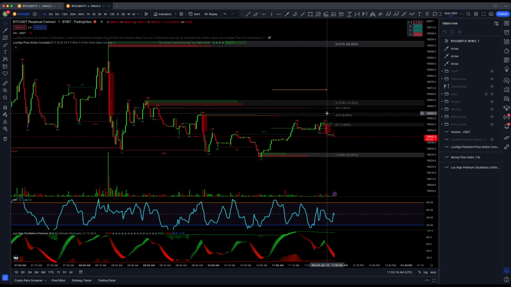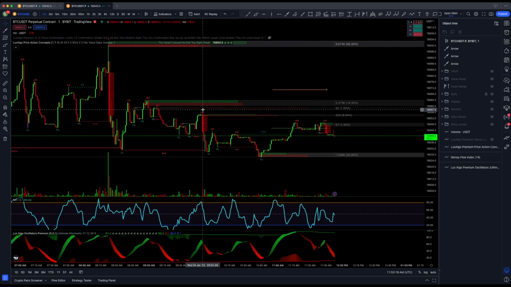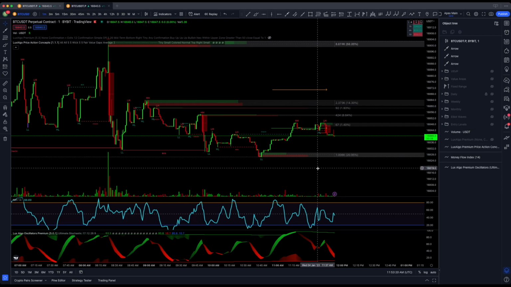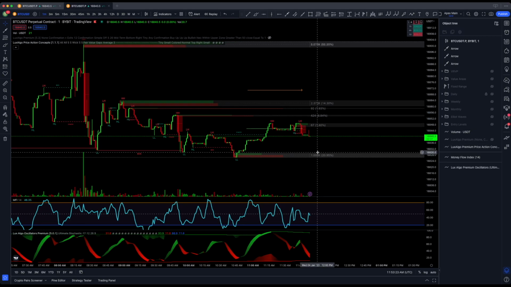However, the only time I would get a little bit nervous is if we break structure. Until we break structure, realistically, it's nothing more than a correction, and a correction is something that always has to happen anyway. Just like a living, breathing animal, terrible analogy, but if you are running as fast as you can, I always use this one, there's a point at which you have to stop and catch your breath.